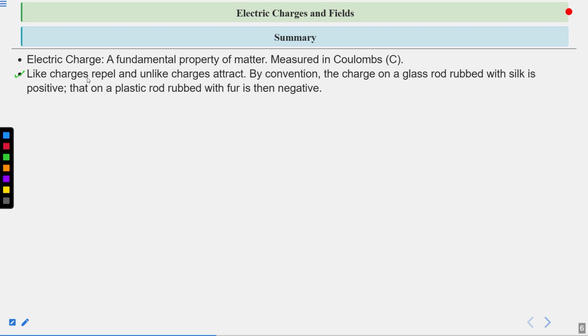Like charges repel and unlike charges attract. This is the property of charges. By convention, charge on a glass rod rubbed with silk is positive, and that on a plastic rod rubbed with fur is negative.